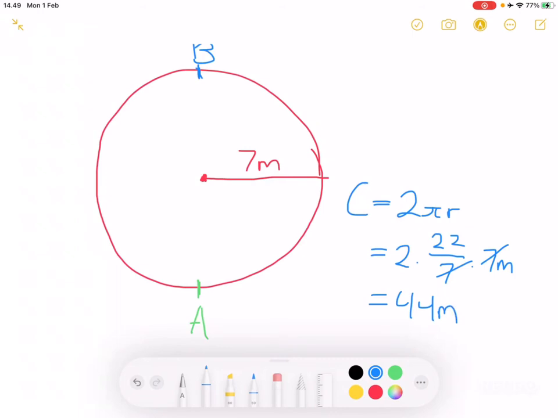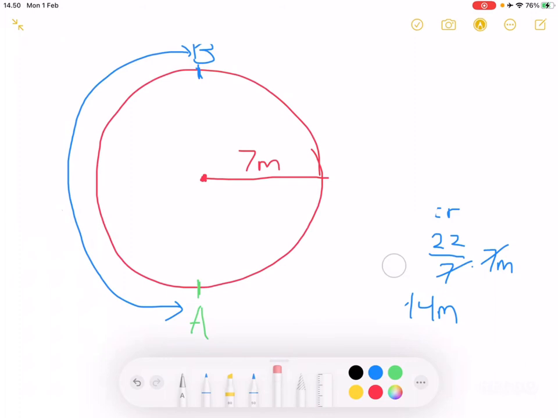And notice they were standing on opposite sides. So the distance between Andy and Bob on the circular track, as you can see here, is half of the circumference. So this will be half of 44 meters, which is just 22 meters.